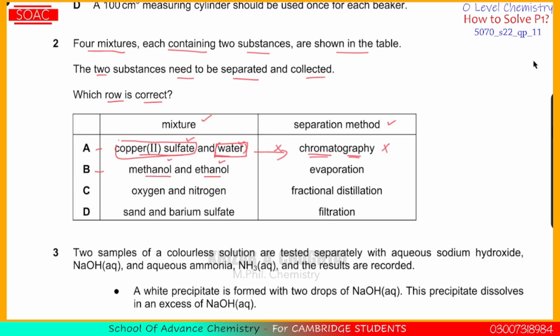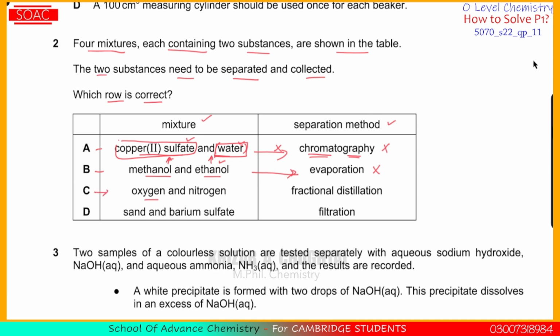Both belong to the same family, same functional group. The method is evaporation. Again, the answer is incorrect, because they both will evaporate on heating, nothing is left behind, so they cannot be separated by evaporation.